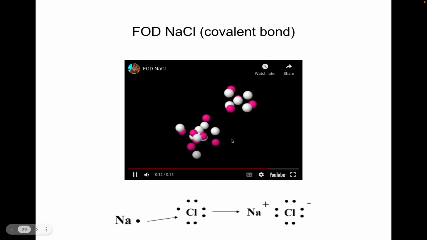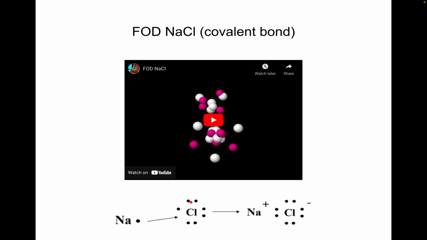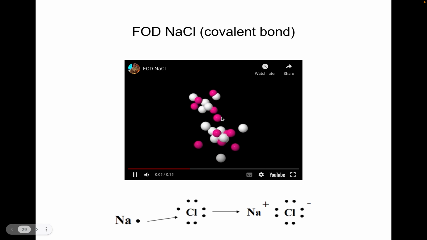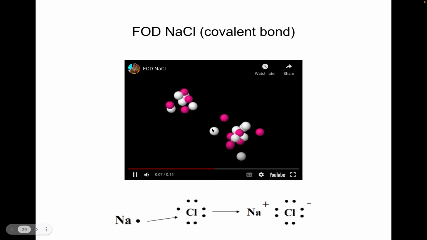So this is very analogous to how the Lewis structure of the classical electron works. And the two FODs here in between the Na and Cl are responsible for the covalent bonding.